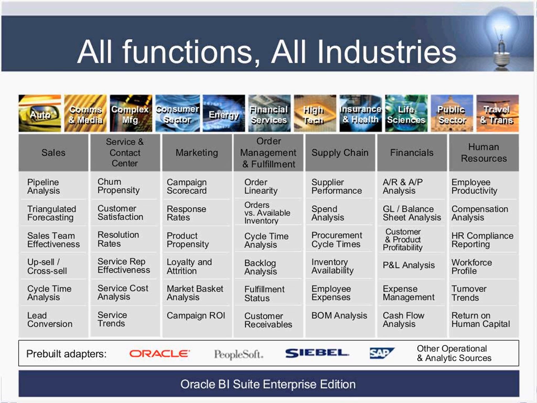The interpretation of data allows them to make decisions quicker than their competitors to make sure that they're on top of industry. We can look at OBIEE Plus at the bottom of the chart and the adapters that it works with, functions to all functions and all industries.